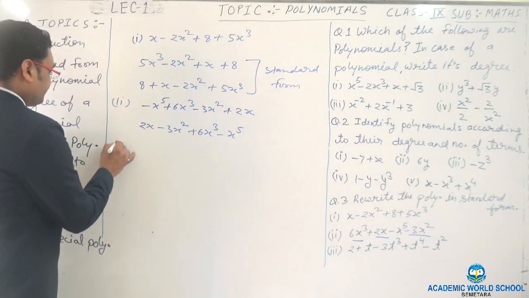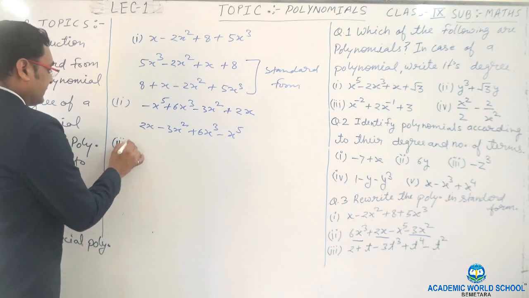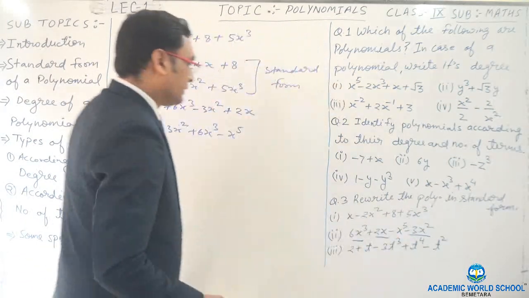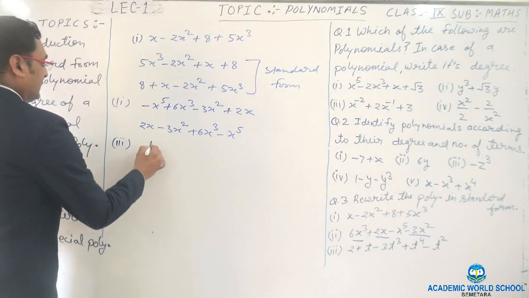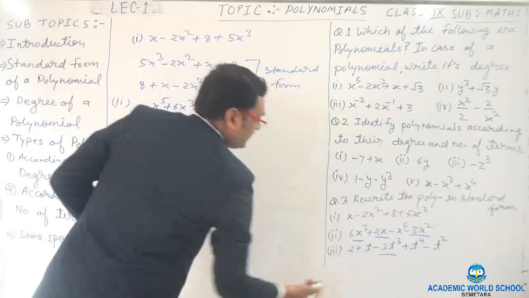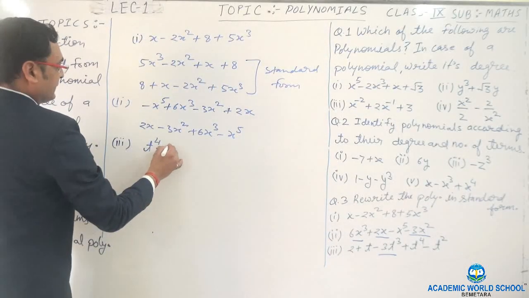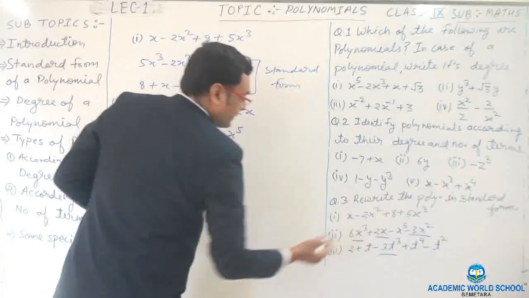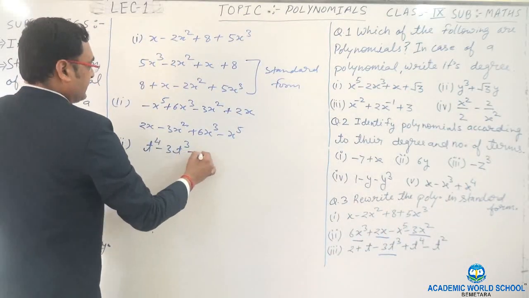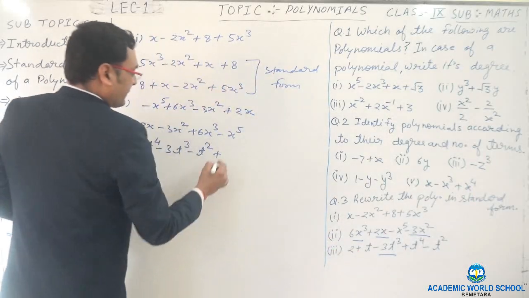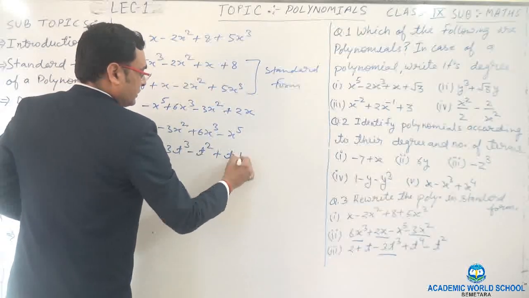Third is, we will directly write here in standard form. So highest power is here 4. So plus t to the power 4. Next is minus 3t cube. Next is minus t square. So minus t square plus t plus 2.